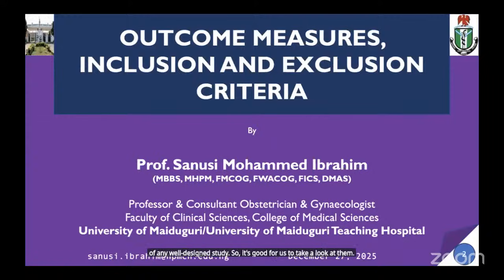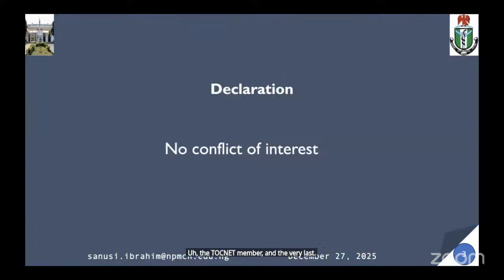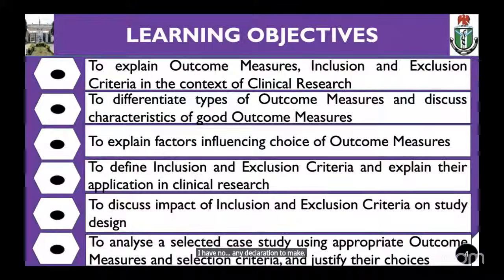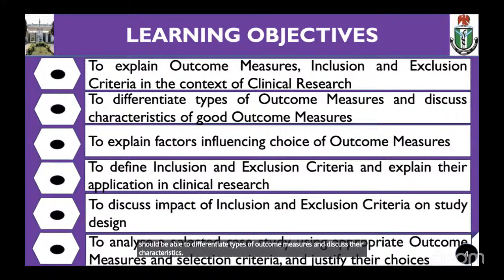And of course, the topic follows right behind the previously presented areas in research by the secretary and the third state member and the very last presenter. At the end of the exercise, the residents should be able to explain what outcome measures, inclusion and exclusion criteria are in the context of clinical research, differentiate types of outcome measures and discuss their characteristics, and explain factors that could influence choice of outcome measures.